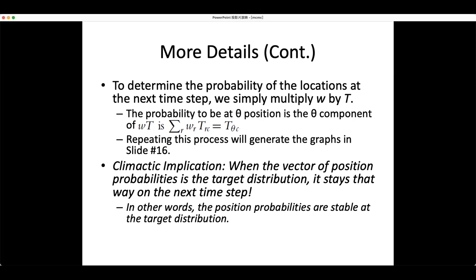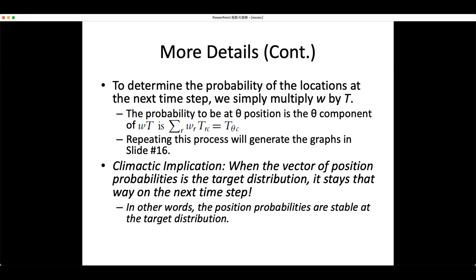So here's the interesting part. When the location probability vector is the target distribution, it stays that way on the next time step.